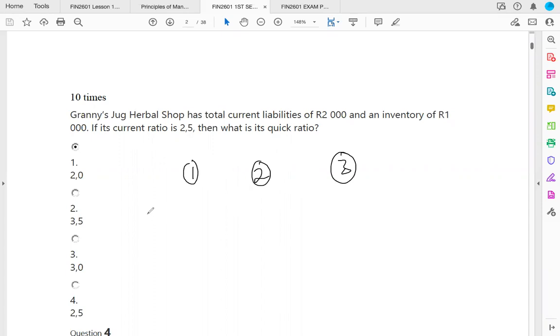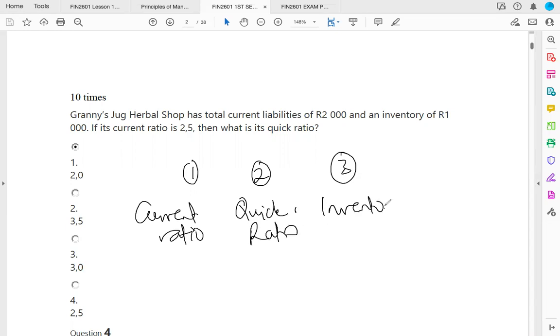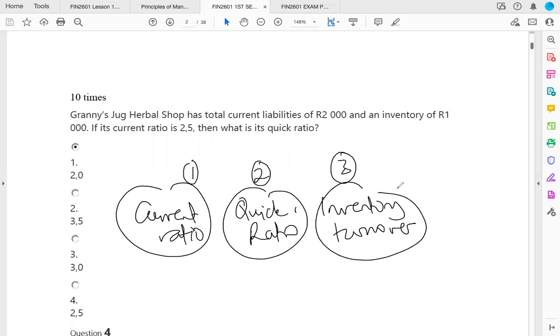There are 3 ratios that tend to be asked together. They tend to be questions which sometimes involve the current ratio, the quick ratio, and the inventory turnover. So sometimes you'll get a question which has these 3 aspects. You might find that in the question you're given a quick ratio, a current ratio, and then you need to find something like inventory, and then you need to use that inventory to calculate the inventory turnover.